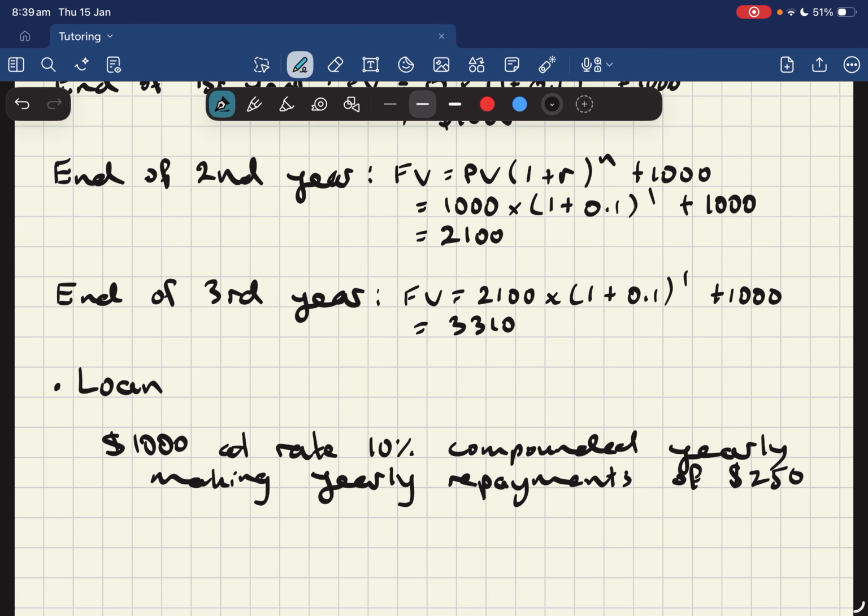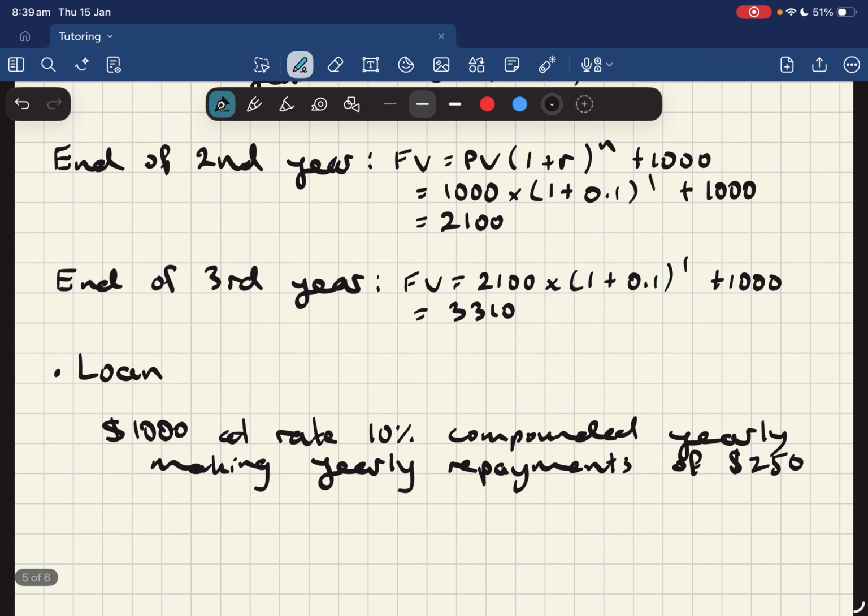How that would work is instead of adding now, you're starting with $1,000. So you have this $1,000 that you owe, and interest is getting charged on this, right? Because anytime you take out a loan, how the bank makes money is they charge you interest. So for something like this, it would be 1,000 times 1 plus 0.1 to the power 1.